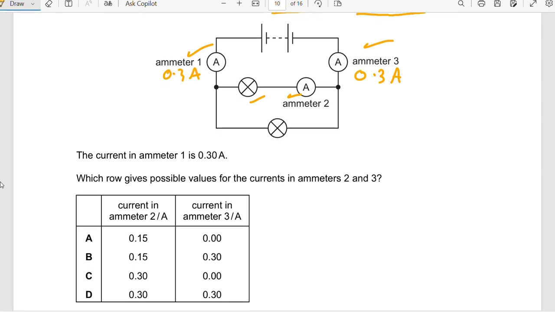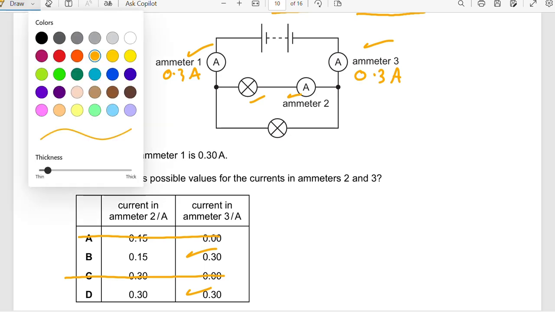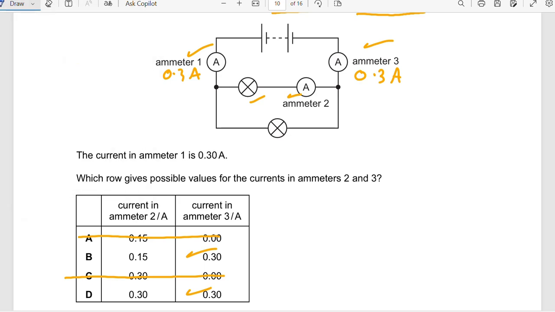Which row gives a possible value for the currents in 2 and 3? In ammeter 3, it's directly either B or D, so options C and A are wrong. Let's check ammeter 2. Remember, the current leaves the positive terminal of the battery.